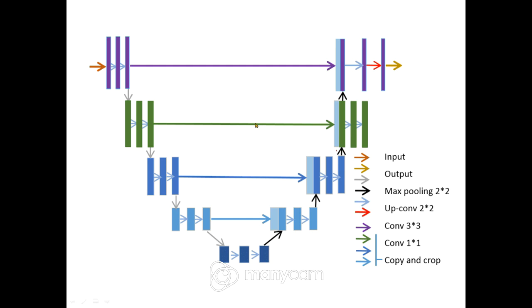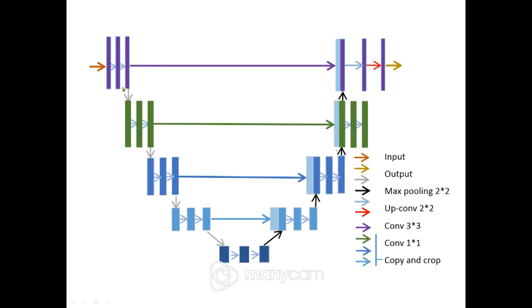Alright, so on the left hand side we have the encoders, and on the right hand side we have the decoders. So how is the UNet able to see both the high level or the big picture and the very fine details and everything in between at the same time? Encoders work by downsizing the image.